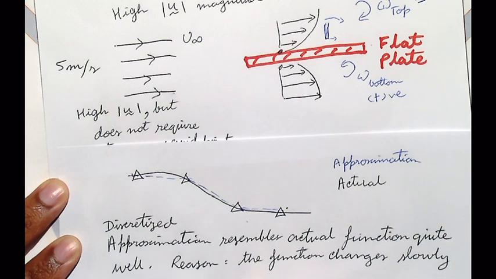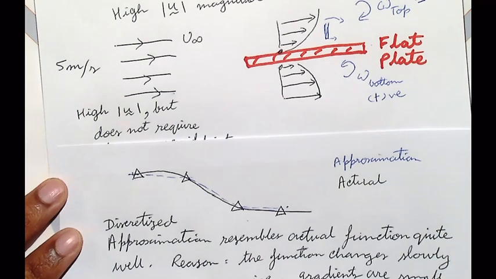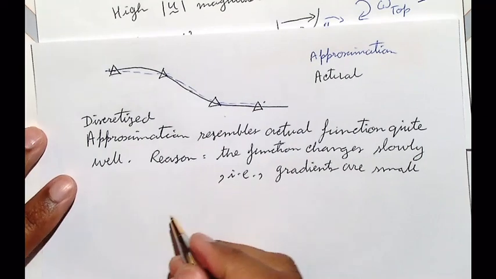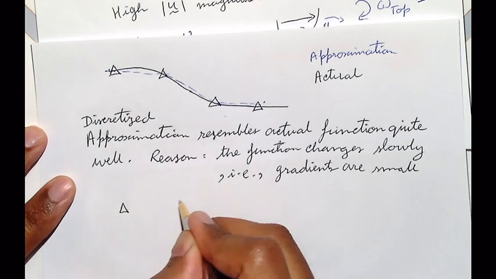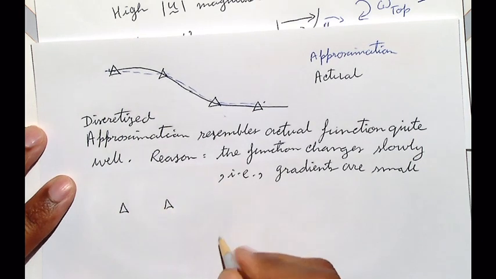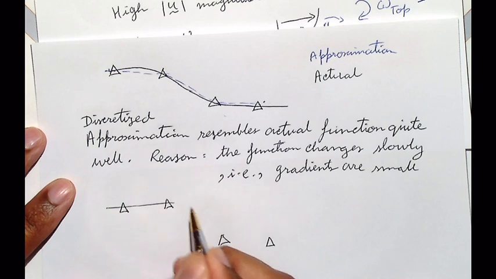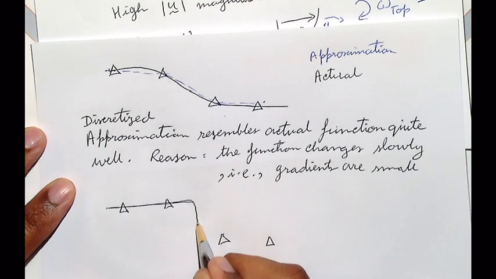Okay. Or in other words, the gradients are small. Now, but if we say that my points are somewhat similar, but my actual function, the true function actually looks like that.